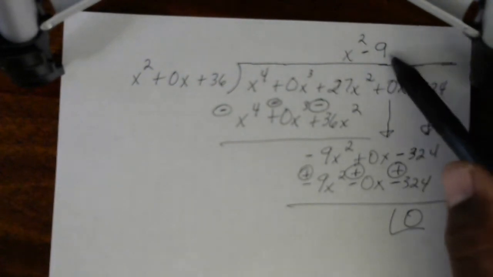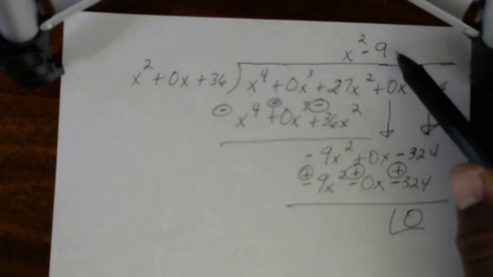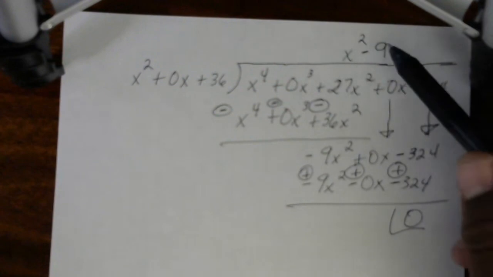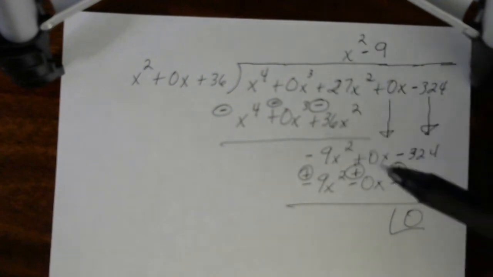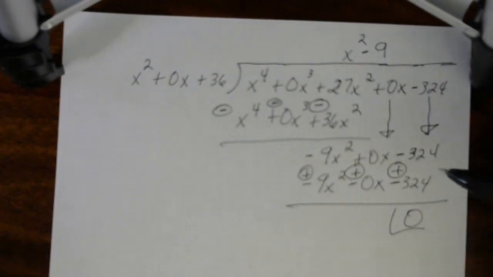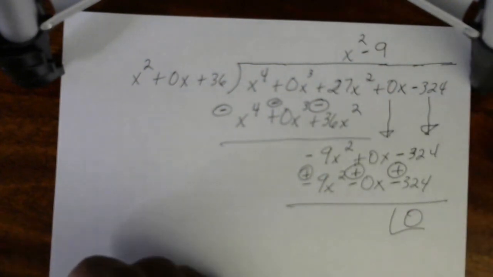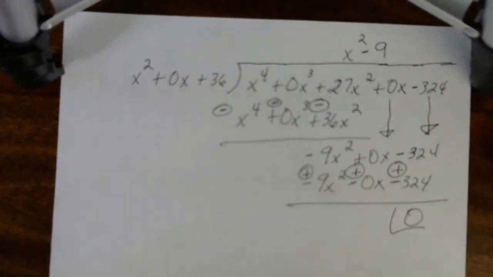So sort of what we did in the last problem, we took this resulting equation, set it equal to 0, and we solved it. All right, so that will be our third step.